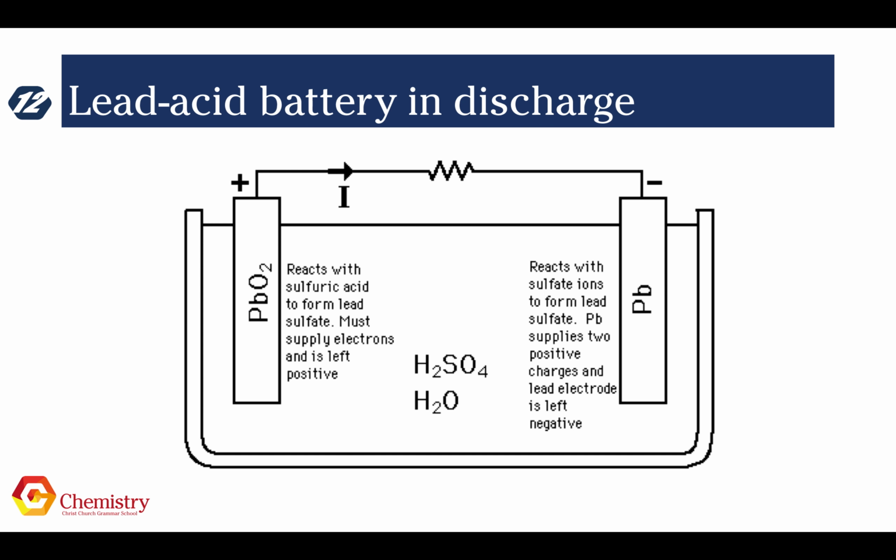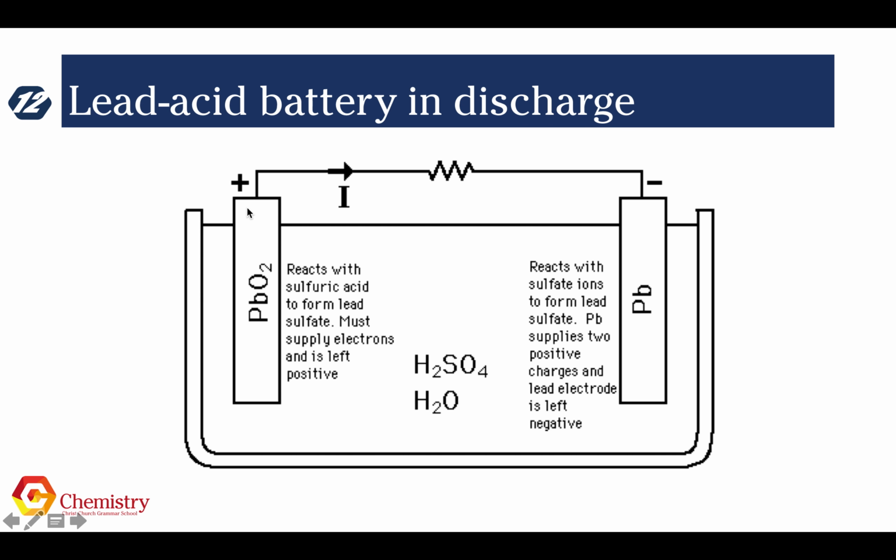So here's a schematic of the lead acid battery, and it is producing voltage. So it's in discharge at the moment, and we can see that by the I here denoting the direction of current. You can see we've got two electrodes.